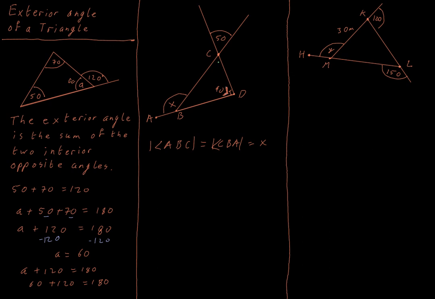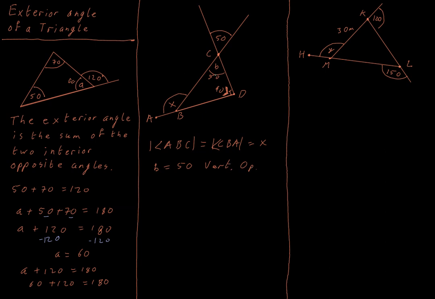And how am I going to find this missing angle here? Well, I can see that these two angles are vertically opposite each other. So this angle here, which I'll call B, must equal 50 degrees because they're vertically opposite. And I write in my explanation for why. I always write down why when I'm doing my geometry.